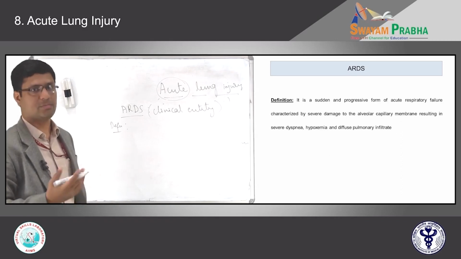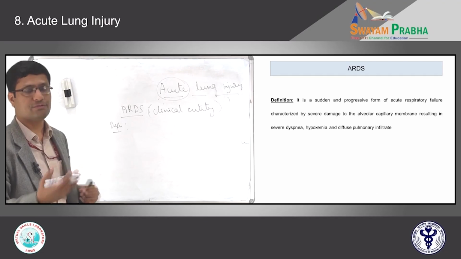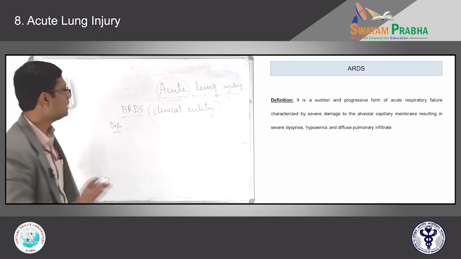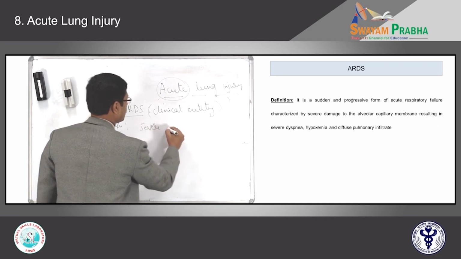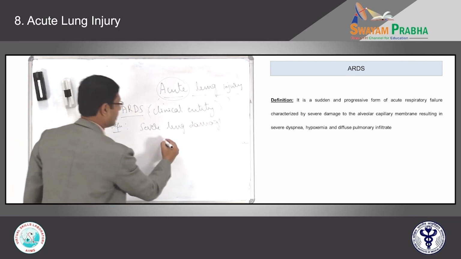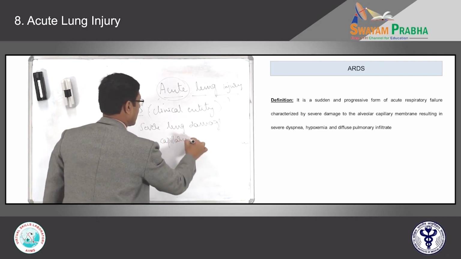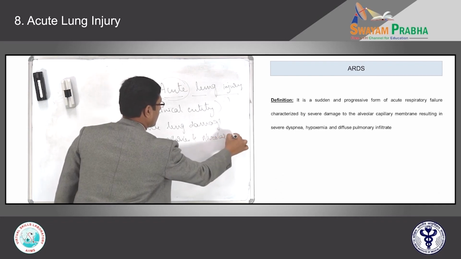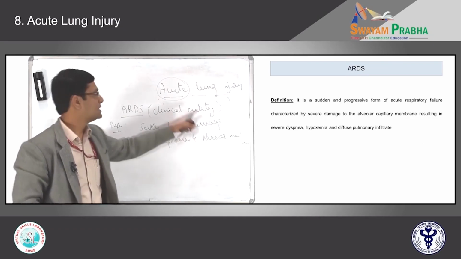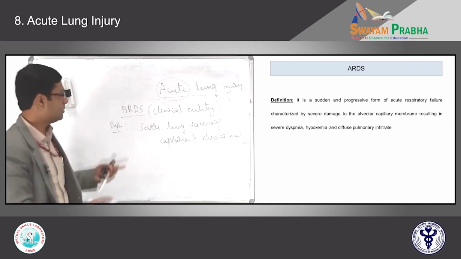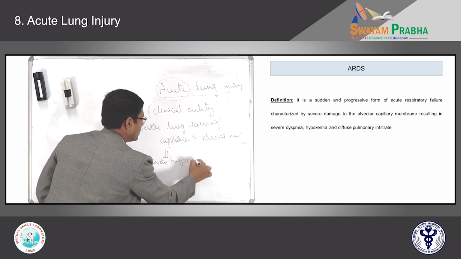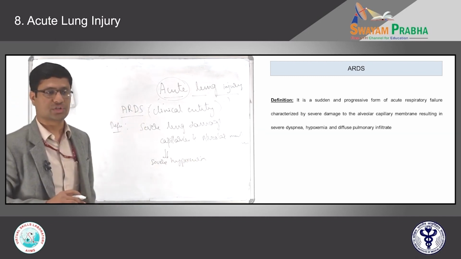It is a sudden, that means acute, progressive, gradually increasing form of respiratory failure, mainly because of severe lung damage, where it occurs at the level of the capillaries and alveolar membrane, causing severe distress and ultimately leading to severe hypoxemia, a sudden decrease in arterial oxygen saturation.